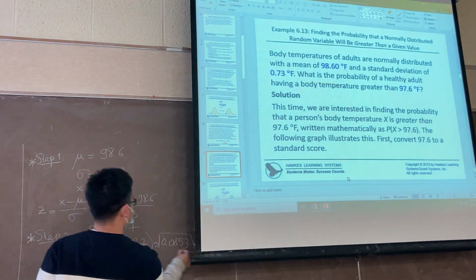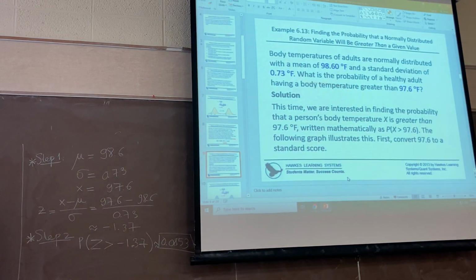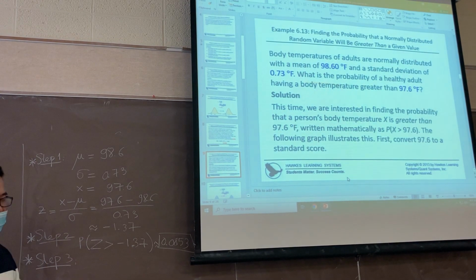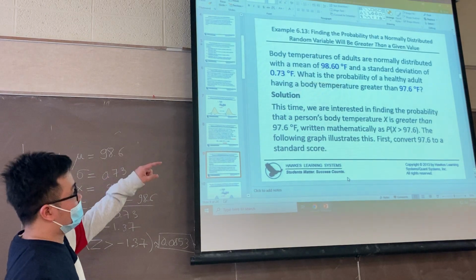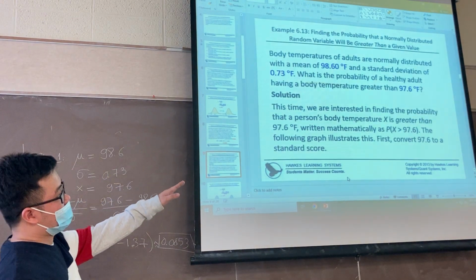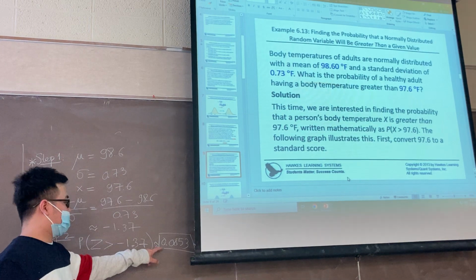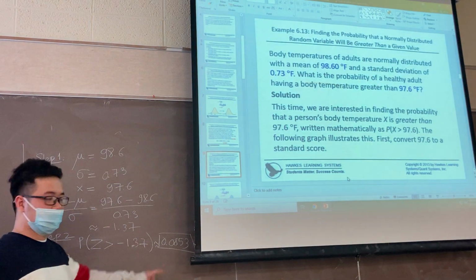And step 3, we conclude that the probability of a healthy adult having a body temperature greater than this number is approximately this number.